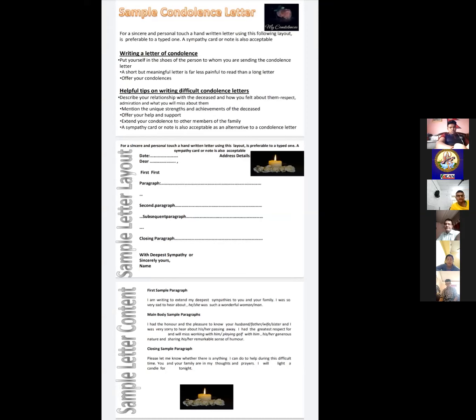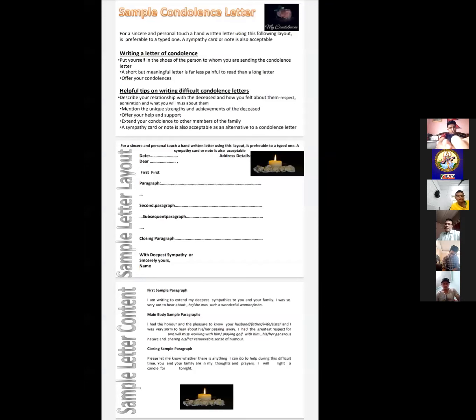And then in the second paragraph, you try to describe the one who has died, not anything else. The one who's dead, either your close friend or father or mother or brother or grandfather, as an example. And the subsequent paragraphs mean additional qualities, almost all the additional qualities regarding the person.